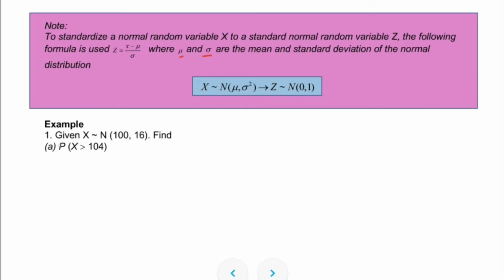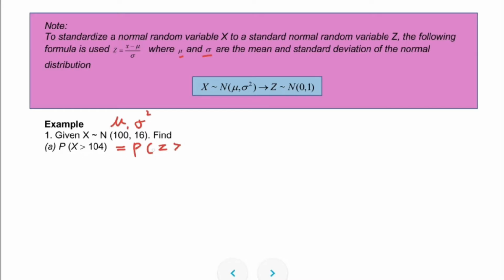For the first example, given x is a normal distribution with mean 100 and variance 16, find P(x greater than 104). First, we standardize from x to z using the formula.